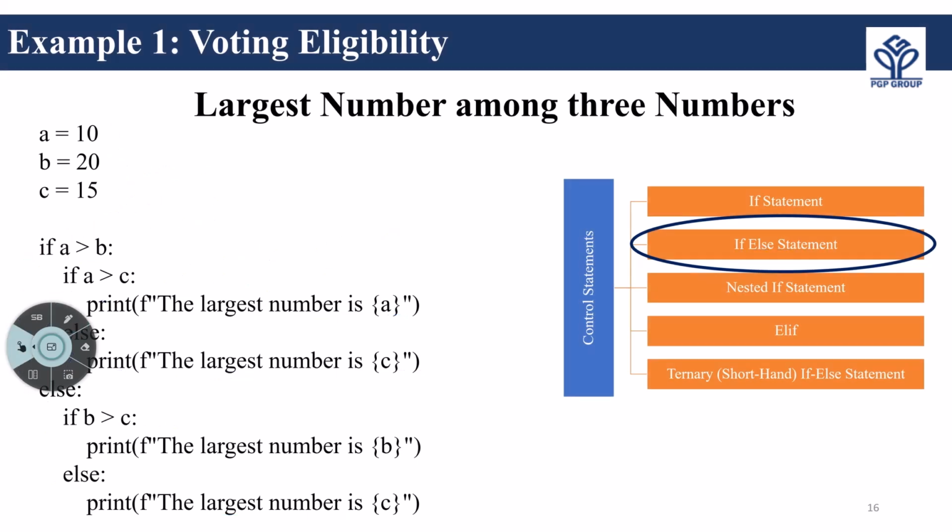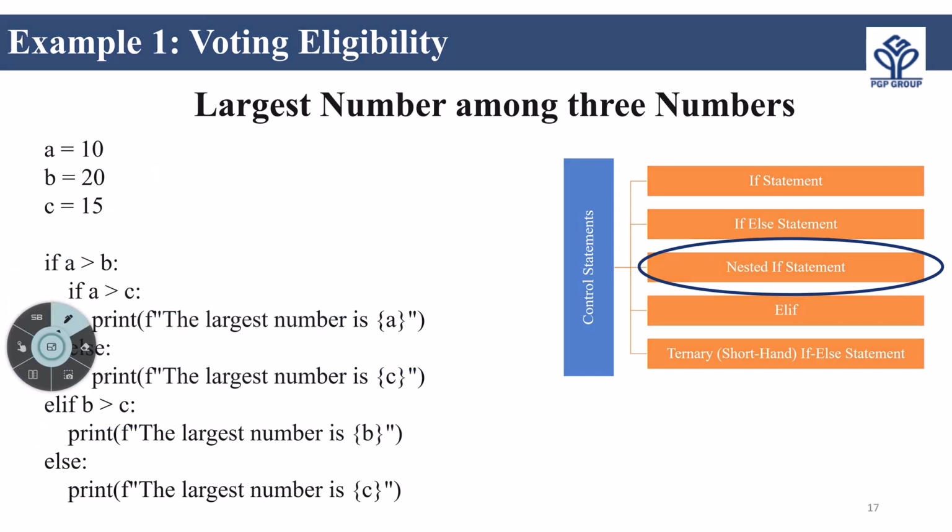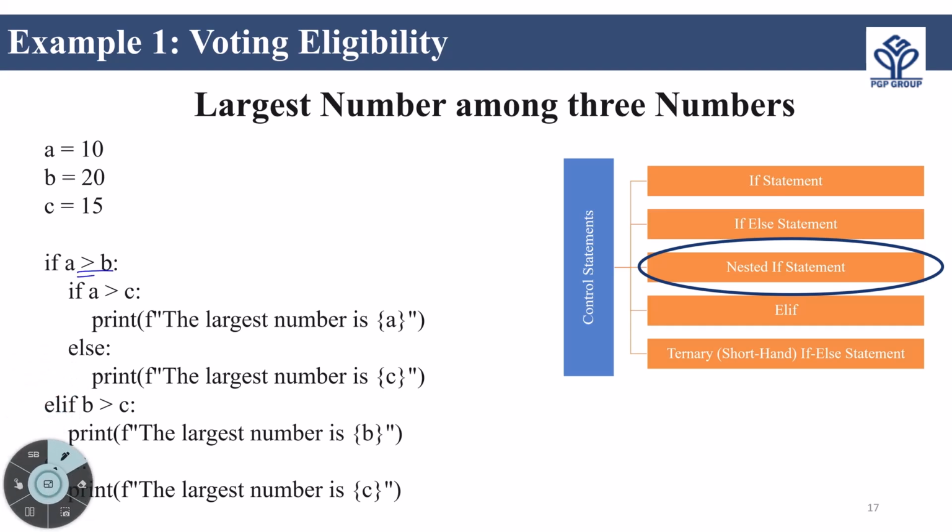So next one, nested if statement. So same as before, we are using the condition to check the condition. If the condition is true, we enter this condition. To check, when the condition is true, print this statement.